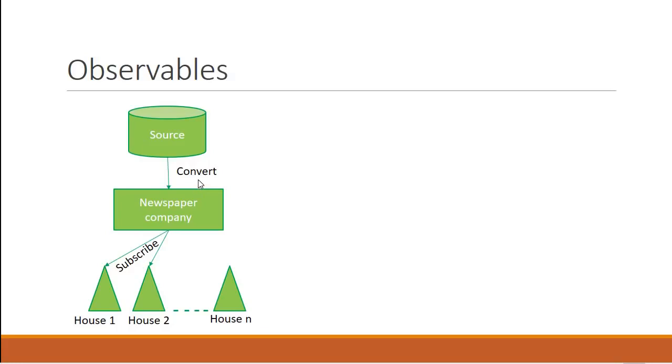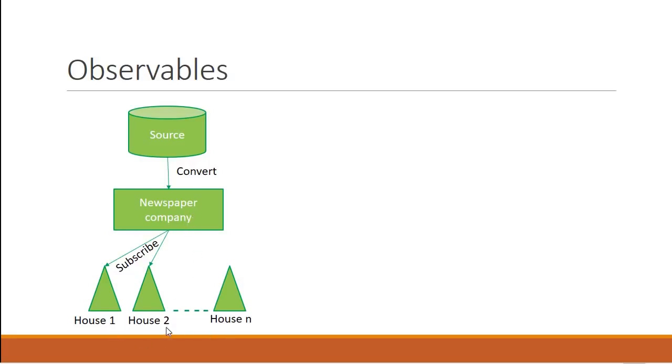For example, the source might just send in a single line of information, but the newspaper company has to map that information into a headline, a body for that headline, and so on.